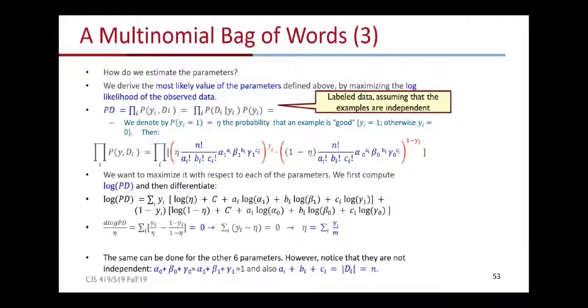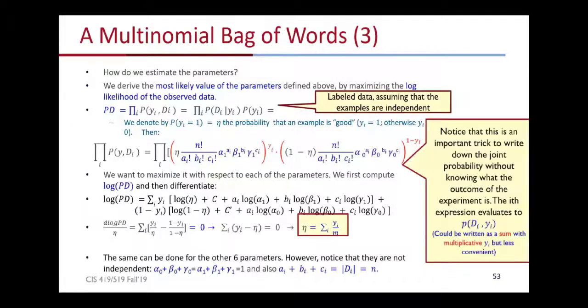I'm just giving some comments here, and the important thing is that this makes sense to you. I'm also highlighting this important trick of writing it with multiplicative yi's, because we're going to use this several times.